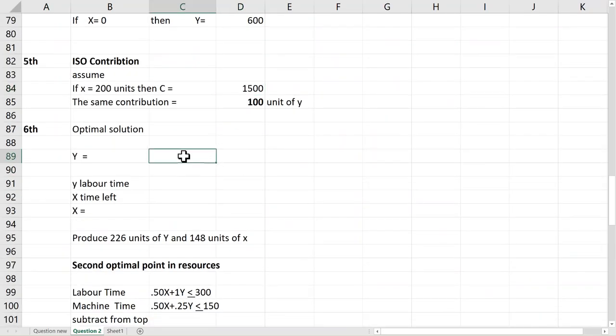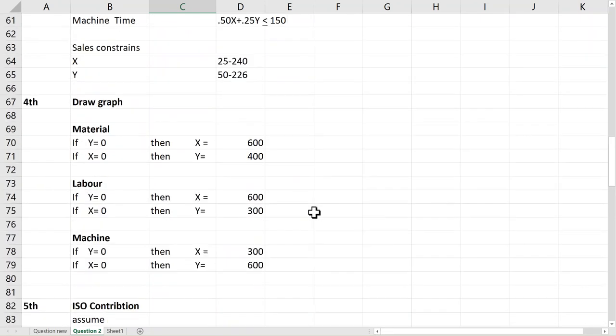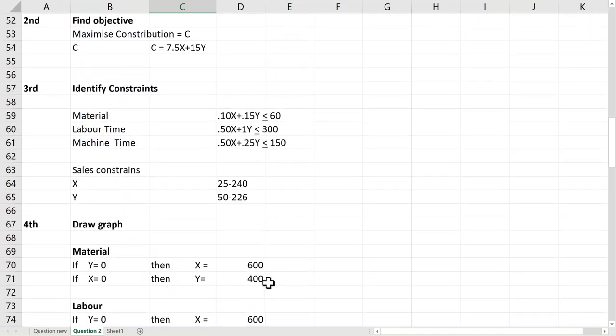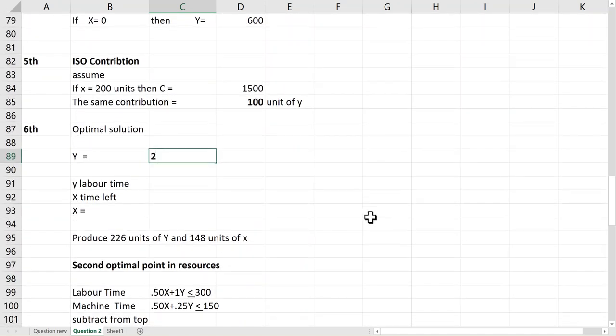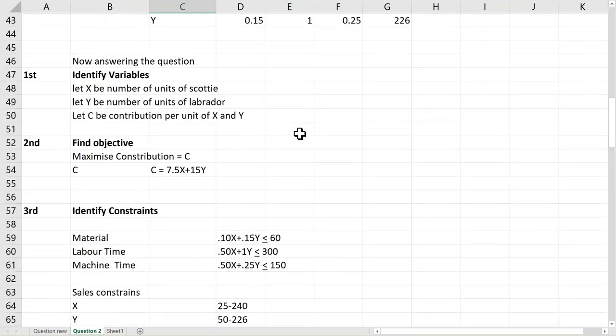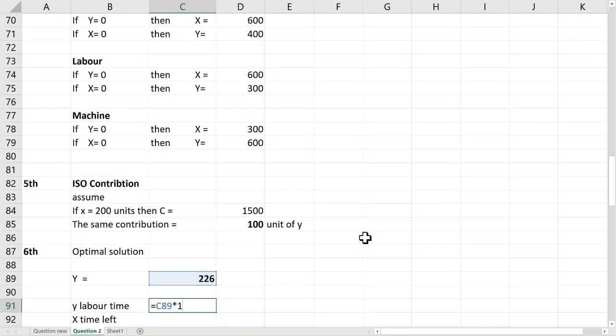So here in the first optimal point, we had the maximum unit of Y, which was 226. And the labor time that it will take, because it was crossed with labor time, is 1 hour.